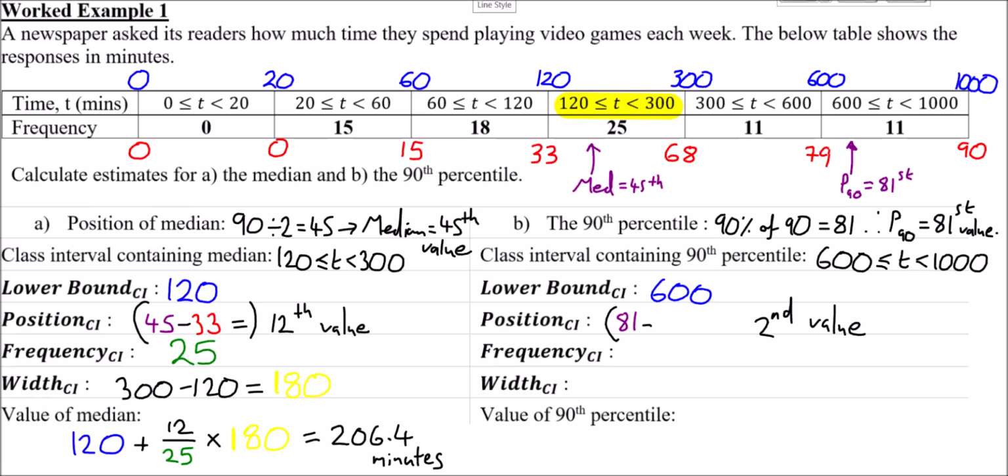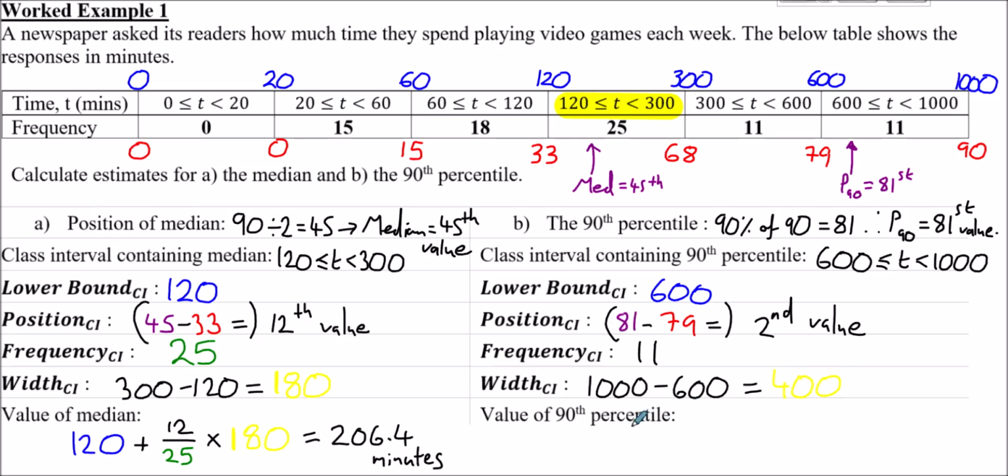It begins after the 79th, so 81 minus 79 equals 2. So that's where we get the second value from. It's the second out of 11, so we write down 11 here, because that's the frequency of that class interval. The width of that class interval goes from 600 up to 1000, so the complete width is 1000 minus 600, which is 400.